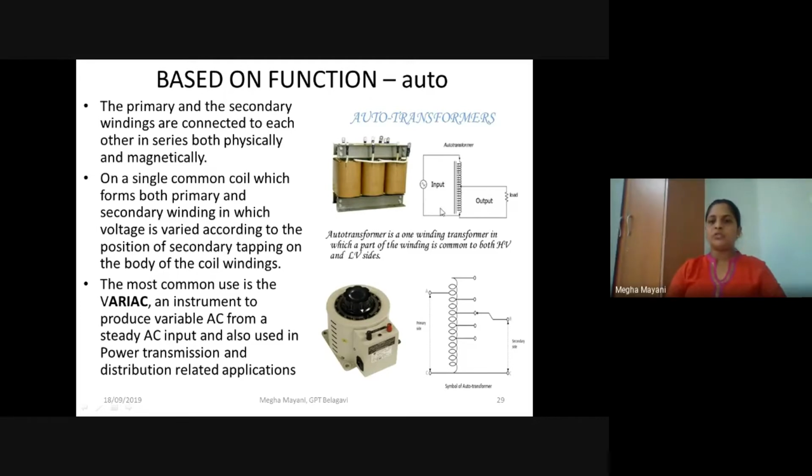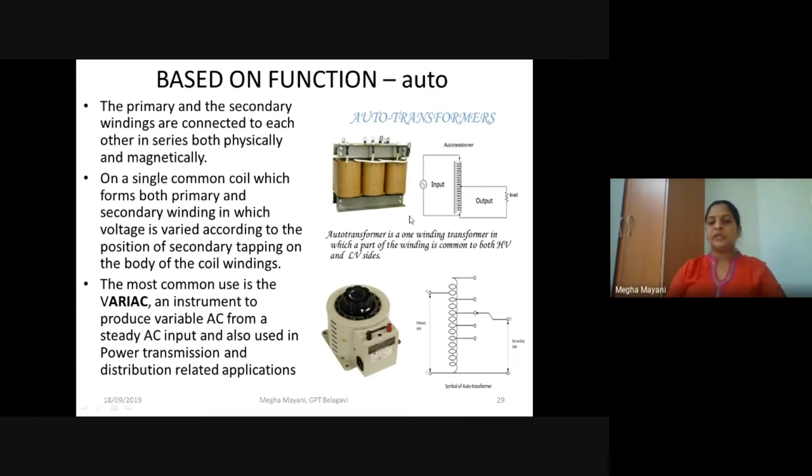The most common use of autotransformer is the variac, which is generating a variable AC from a fixed or steady AC. We have a standard AC of 230 volts, 50 hertz signal, right? That can be stepped down to 110, 100, 50 volts, 10 volts by just using a single autotransformer.